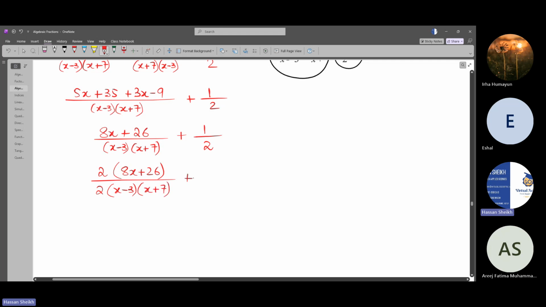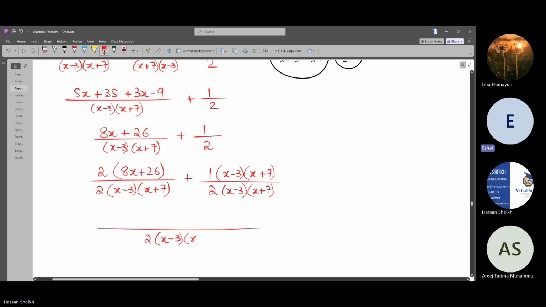And we multiply the second fraction with the denominator of the first fraction in the numerator and the denominator as well. We have the same denominator here. Yes. So we can write them as one fraction.